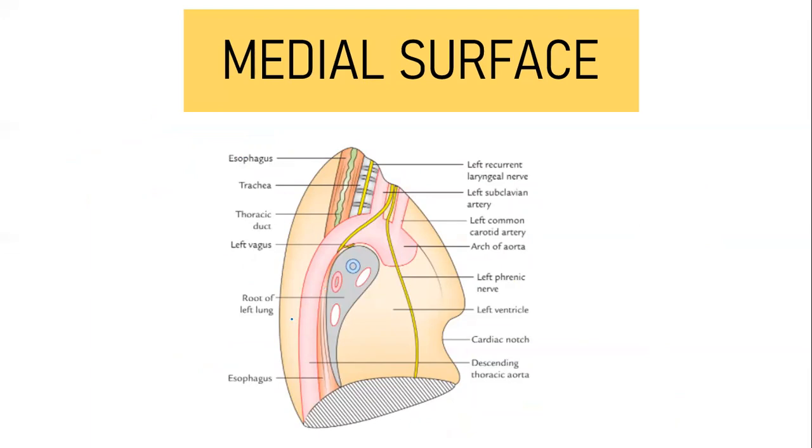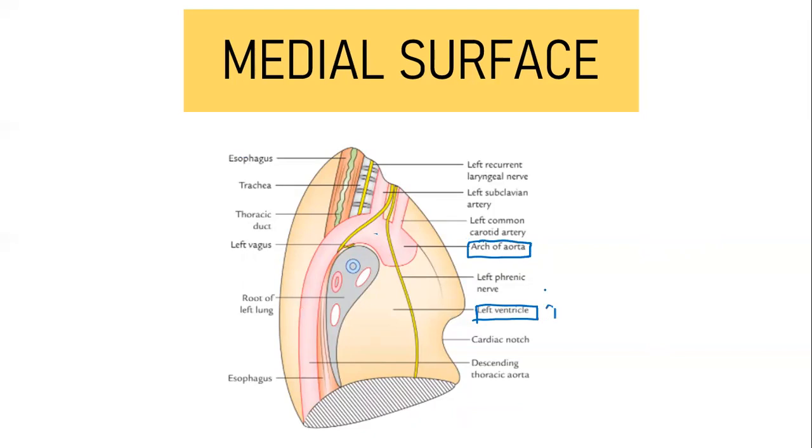Now, on the right side, the structure we saw is the right atrium. Here, we have the left ventricle. And what is the artery that is related with the left side of the heart? It is the aorta. So I have got the arch of aorta, which forms an impression along with the descending thoracic aorta.